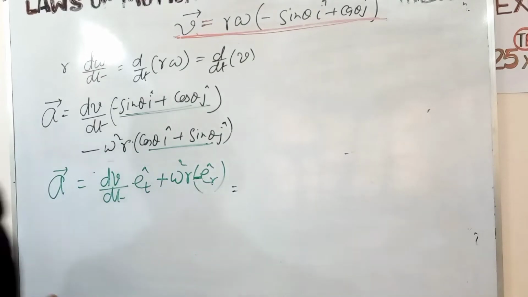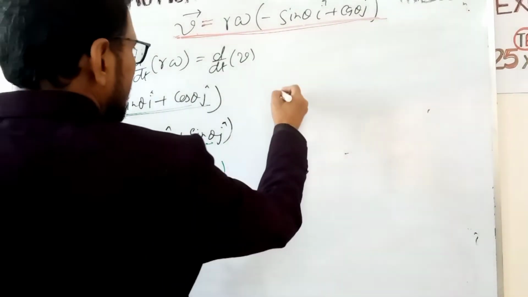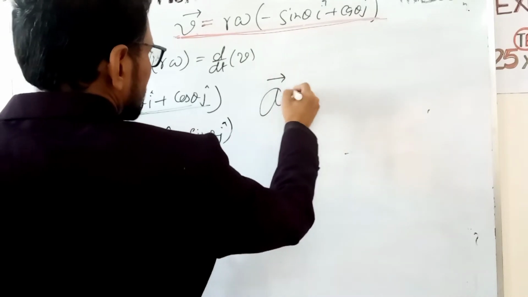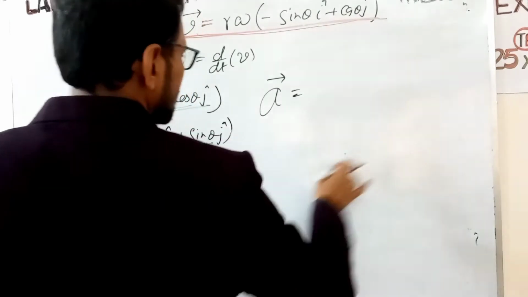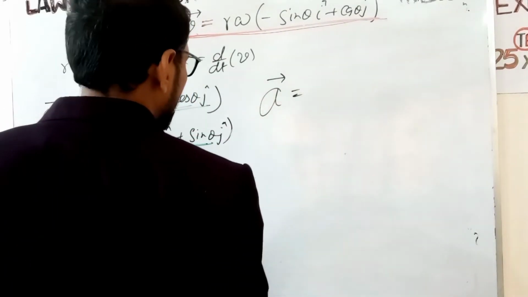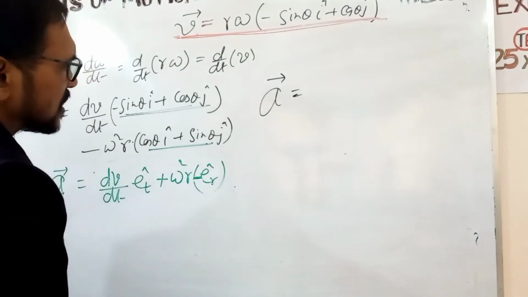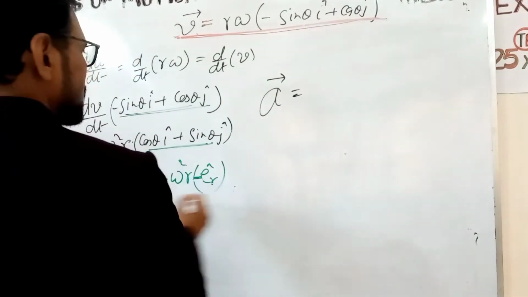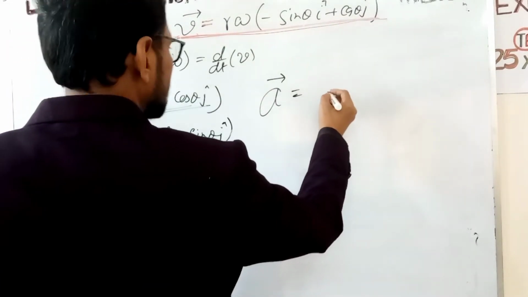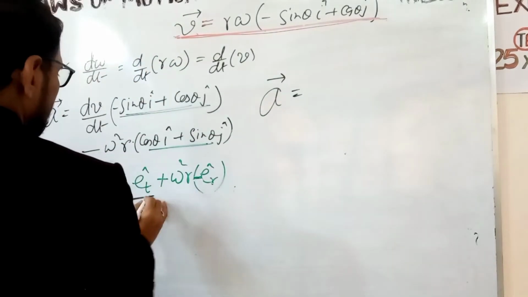Now what do we get from this derivation? The total acceleration at any point of a rotating body in a circular path. It may be uniform circular motion or non-uniform circular motion. So the acceleration we get equal to dv by dt, this, plus this.